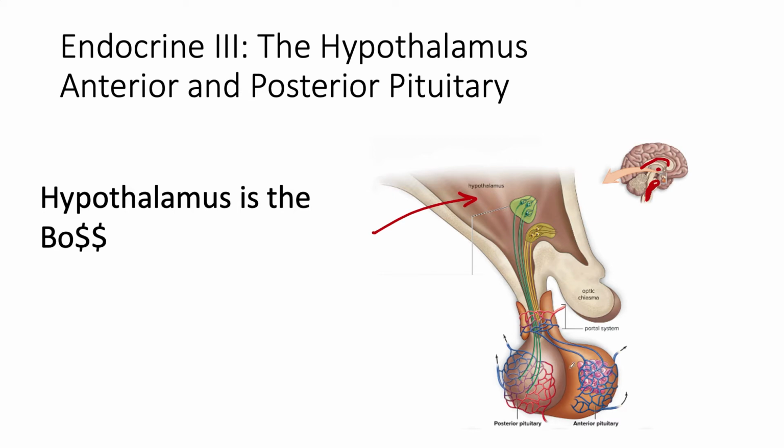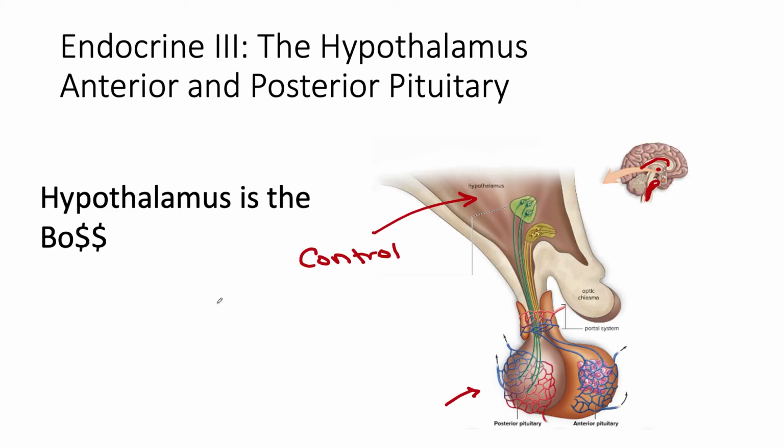Again, the hypothalamus is the control center for a lot of different systems in the body. It controls temperature regulation, thirst, sleep-wake cycles, hunger, all kinds of different homeostatic set points in the body.